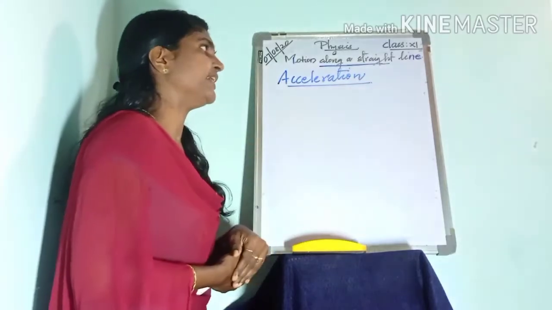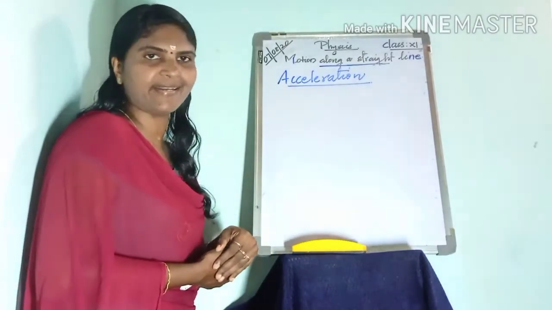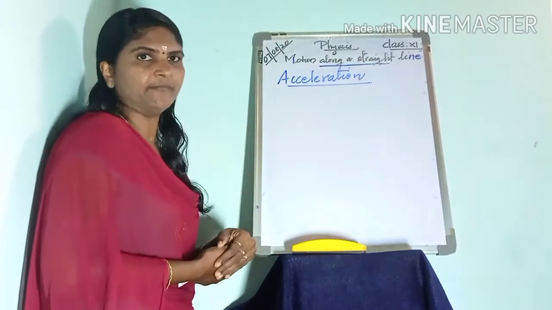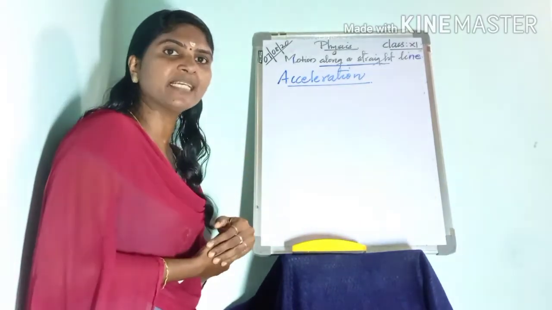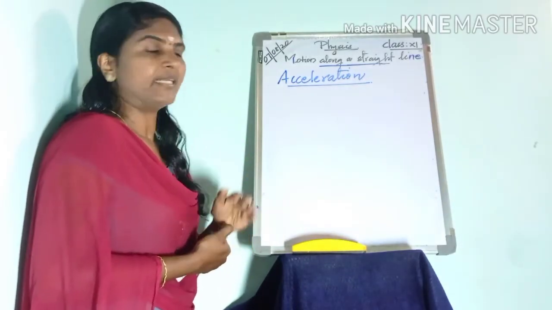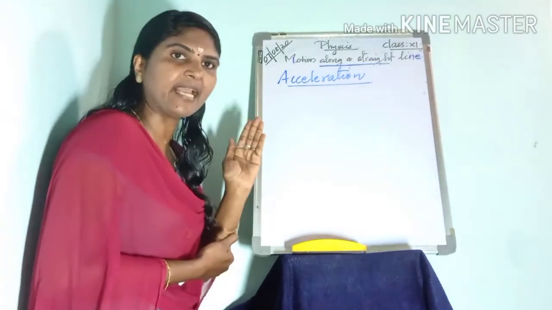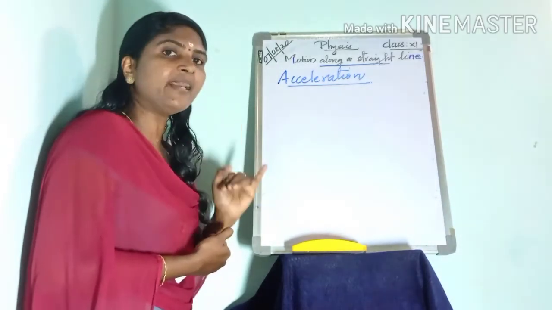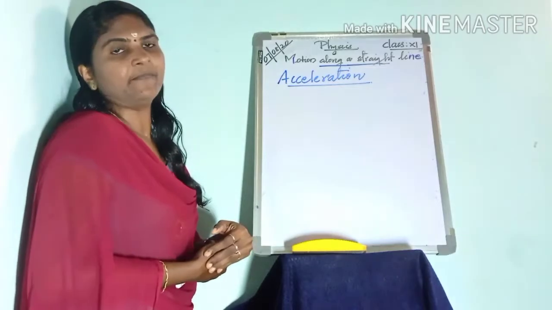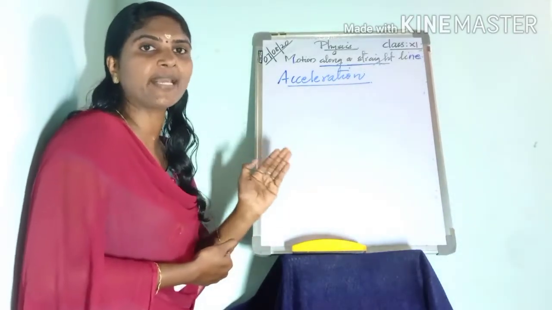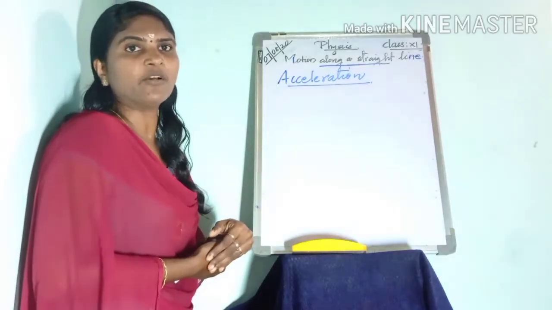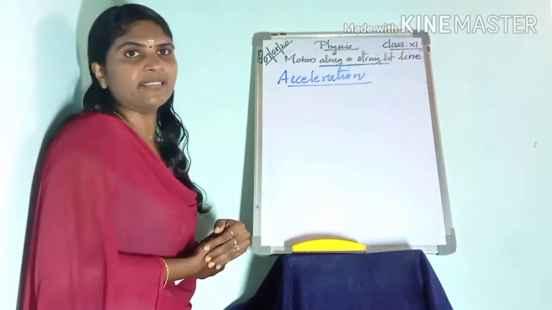The next physical quantity we are going to study is acceleration. In uniform motion, the velocity of an object is constant. That is, in uniform motion along a straight line, the object moves with a constant velocity. But in the case of non-uniform motion, the velocity is not constant.